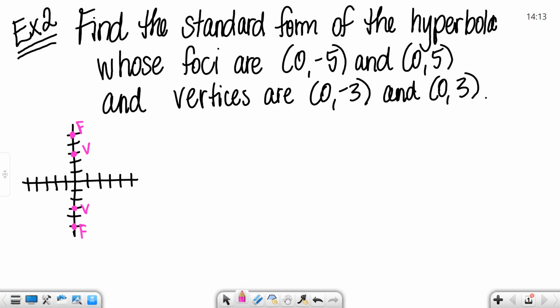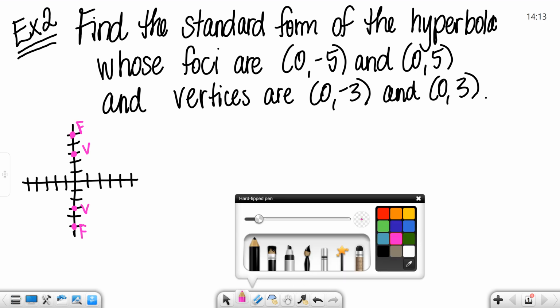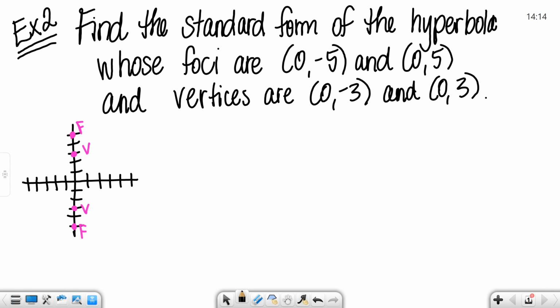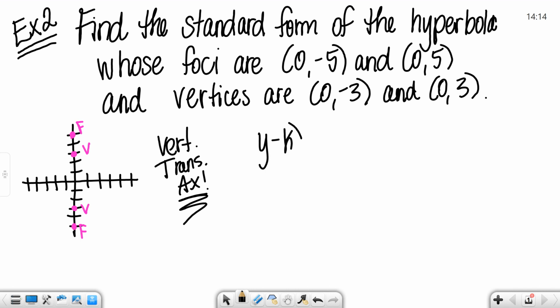Now remember, your foci and your vertices are on the transverse axis. So I definitely have a vertical transverse axis. Once I just drew it, I could see that. Since I have a vertical transverse axis, I know my equation is going to look like this.